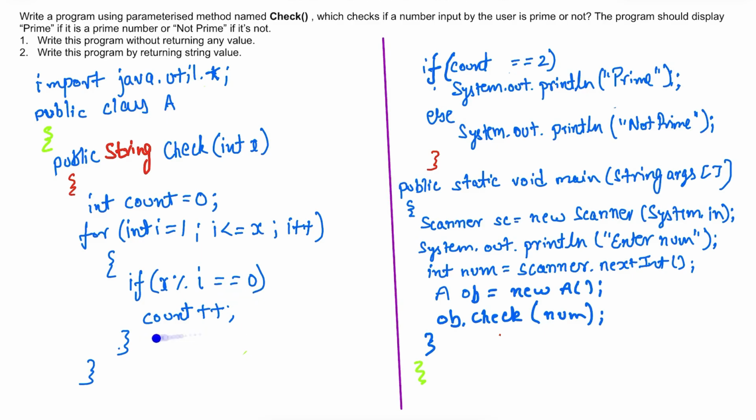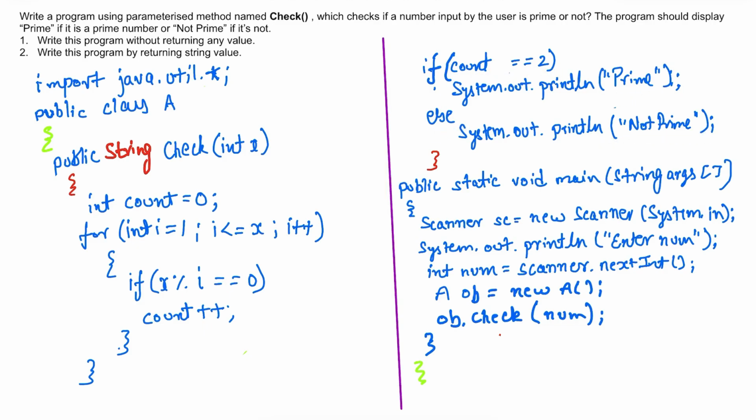I increase the count by 1. Correct? That is what I had already explained to you. This is the basic logic of a prime number. The whole logic remains the same. And now after this loop has run completely from 1 up to the number, if the count comes out to be 2, then it's a prime, otherwise it's not a prime.